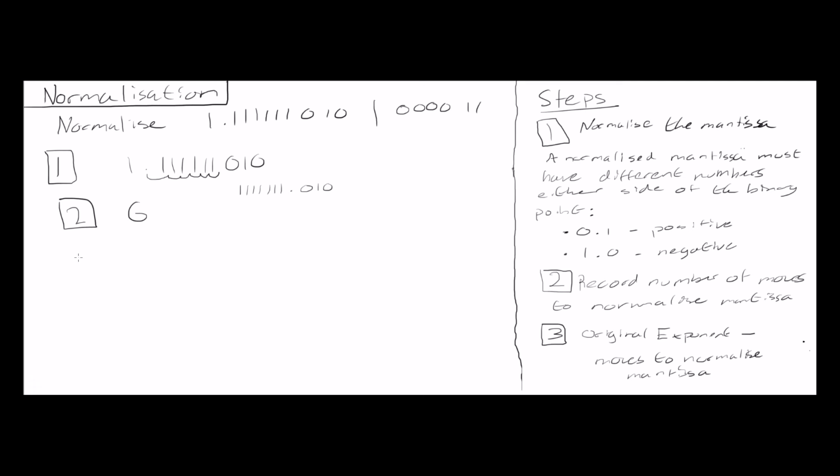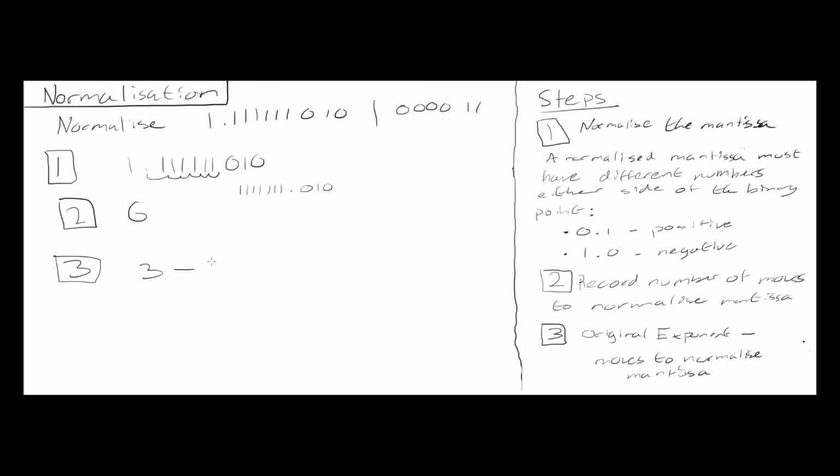Okay, and we're going to calculate our new exponent now using our formula that we've got down here. So the original exponent here is 3. That converts that exponent from binary to denary. And the number of moves that we took was 6.